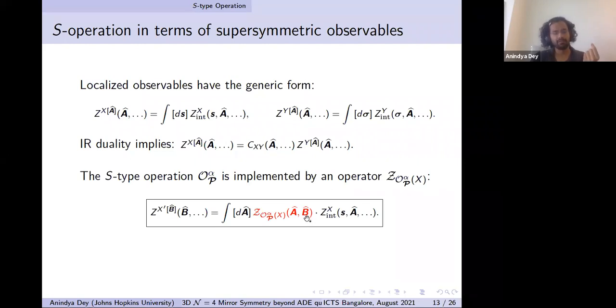So these collectively could be background fields for the topological symmetries that are introduced, or the symmetries associated with the hypermultiplets that we have introduced. So both are contained in this B hat.